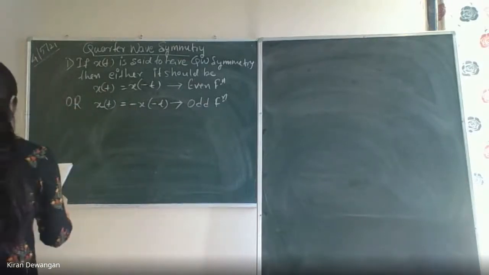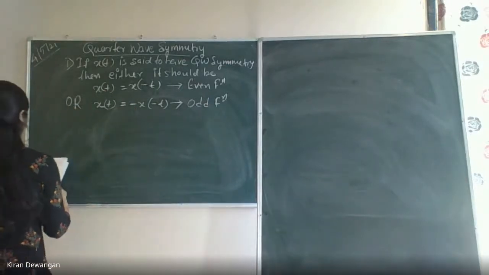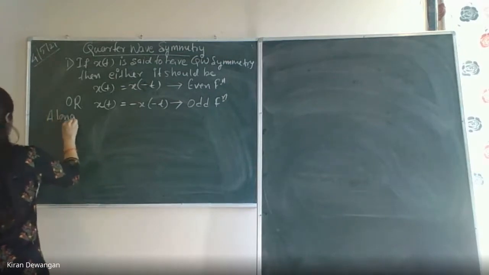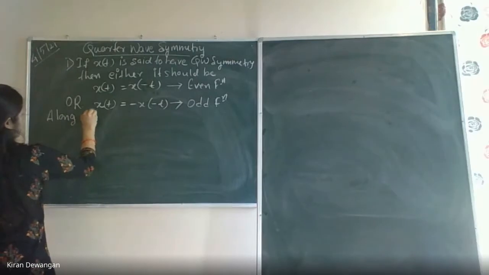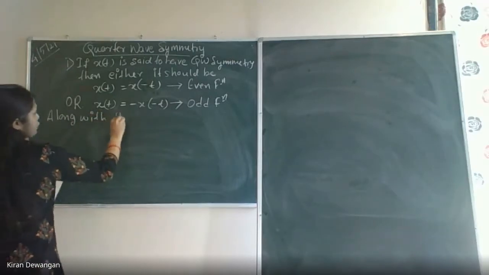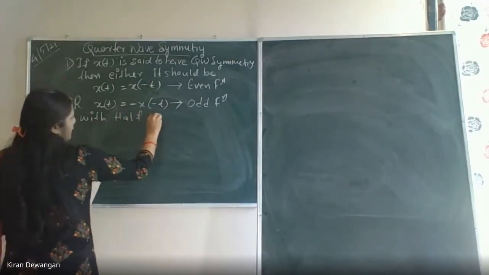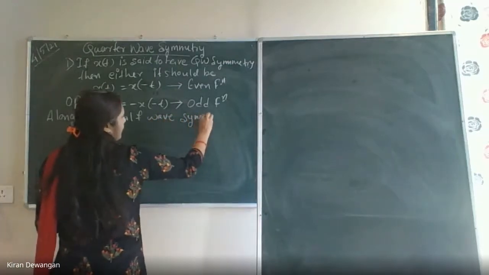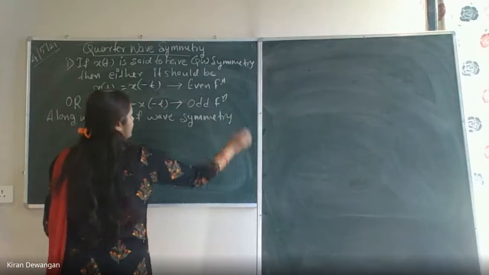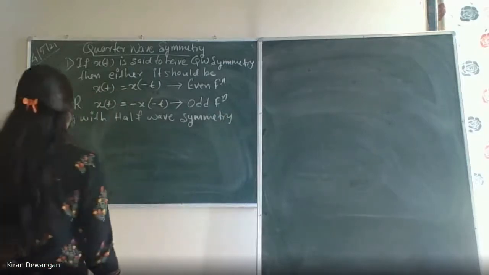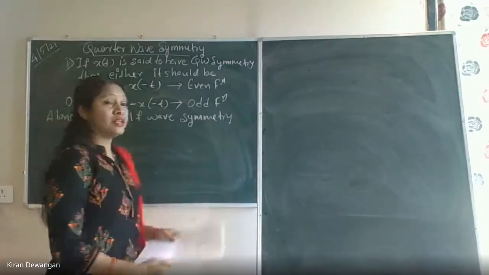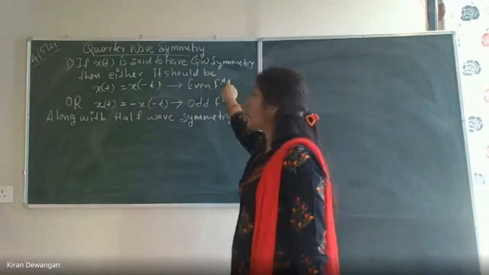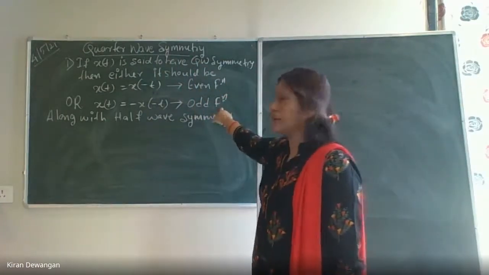ठीक है? And in that case, along with half-wave symmetry, then it will be said to have a quarter-wave symmetry. मतलब या तो even function या odd function को satisfy करेगा.